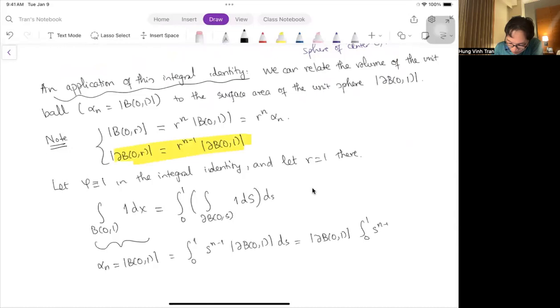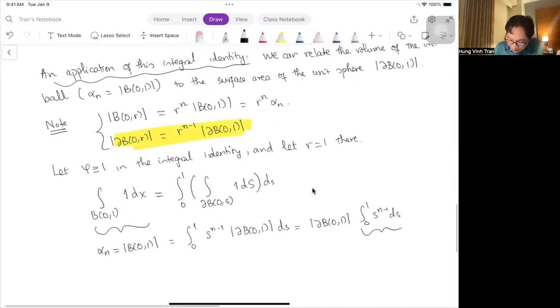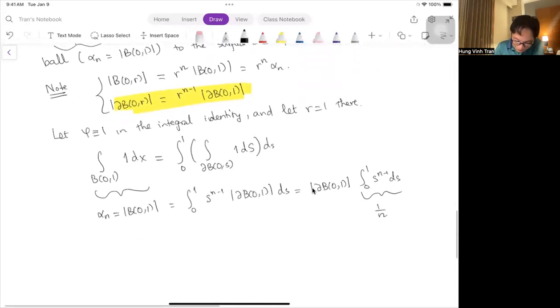Then the integral of s^(n-1) ds is an elementary integral, which is 1 over n. You can check it. So this gives us an important identity.